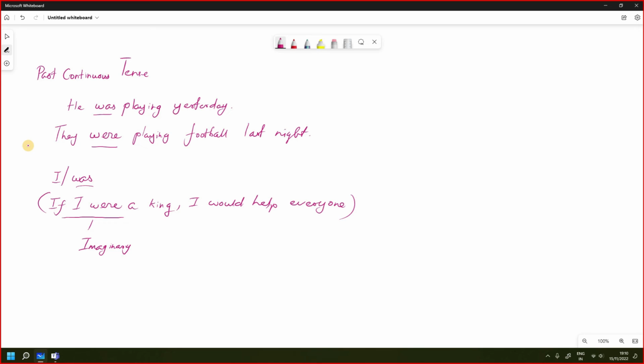This is only talking about an imaginary condition. Okay. So this you will read when you're looking at conditionals and other things. It's not required now, but just to let you know where we can use were. Okay, so always understand the auxiliary verbs for past tense are was and were.